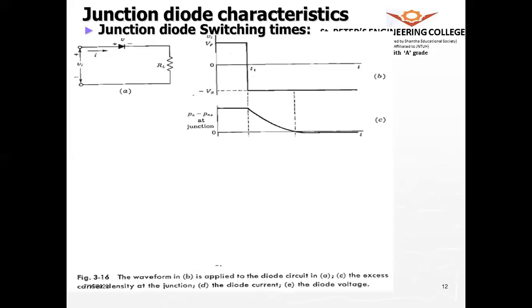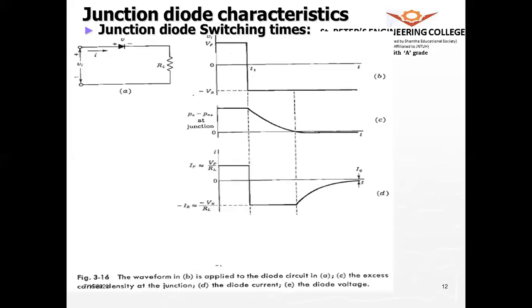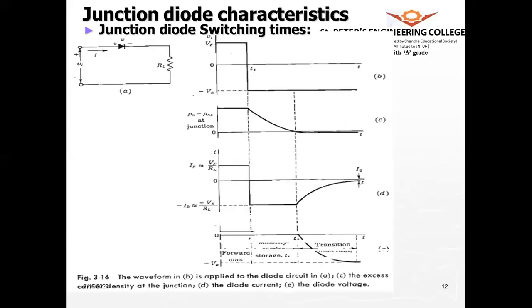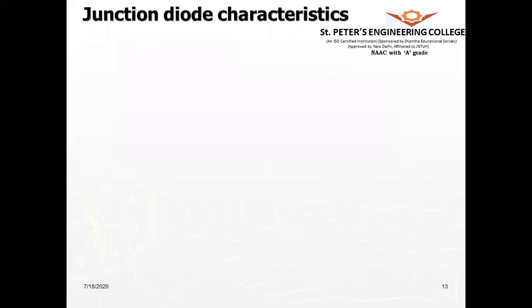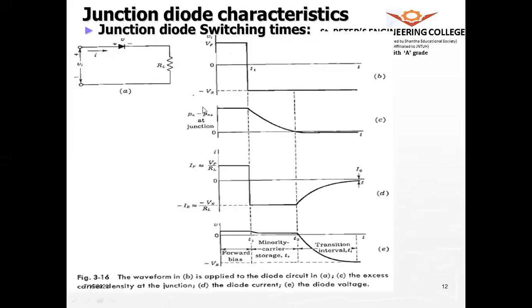So this is the built up. The excess charges that have crossed over the junction are represented in this graph here.